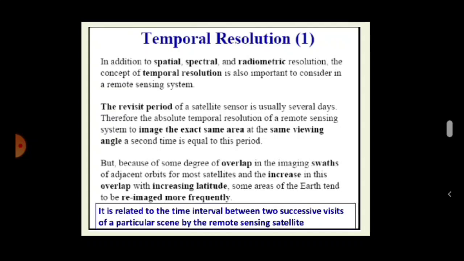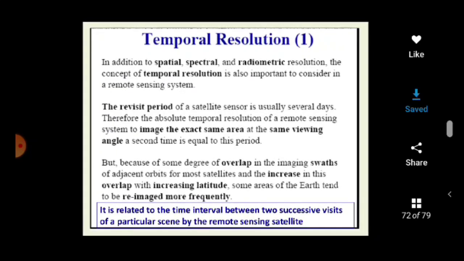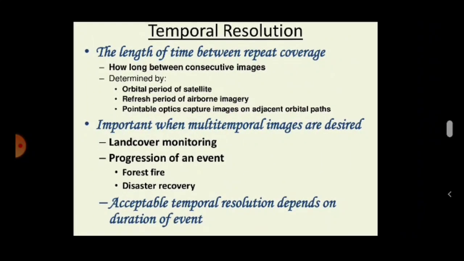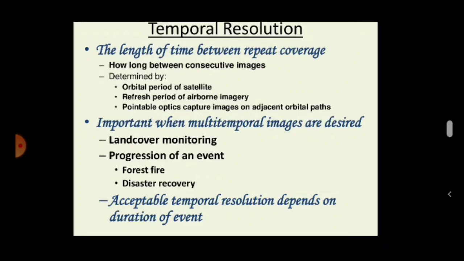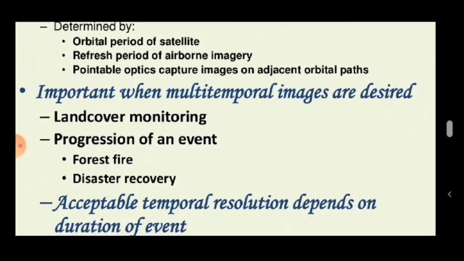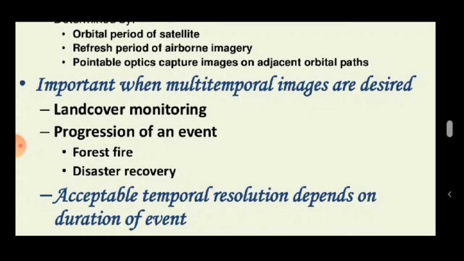So its temporal resolution is said to be 16 days. It is the length of time between repeat coverage, how long between two consecutive images, in other words, of the same area. So it's important, determined by the orbital period of the satellite.